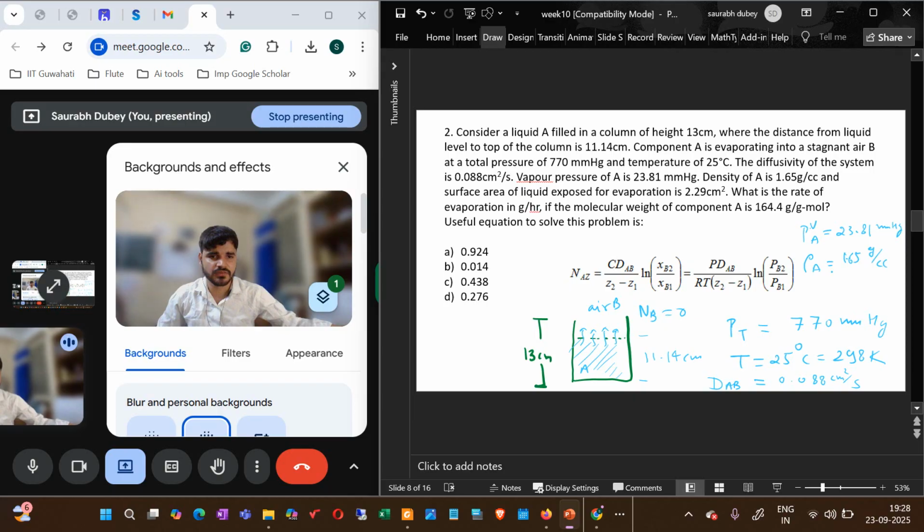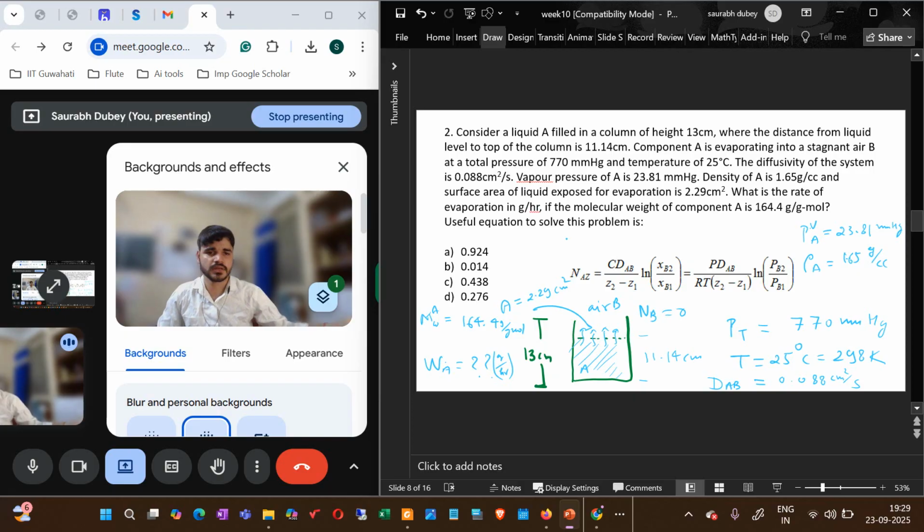And the surface area of the liquid exposed for evaporation is 2.29 centimeter square. What is the rate of evaporation W_A in gram per hour? Keep the unit in mind. Molecular weight of A, MW_A, is 164.4 gram per gram mole.